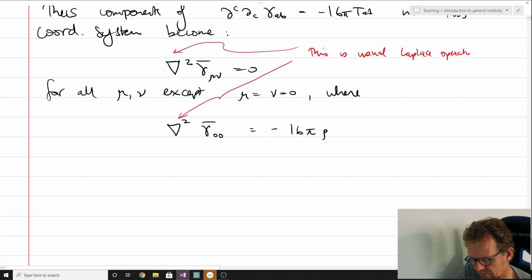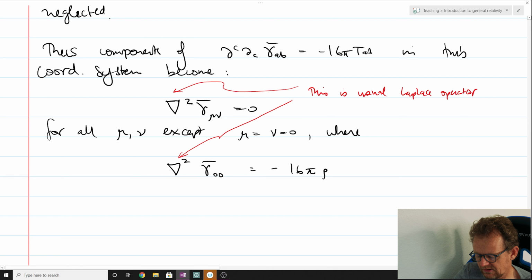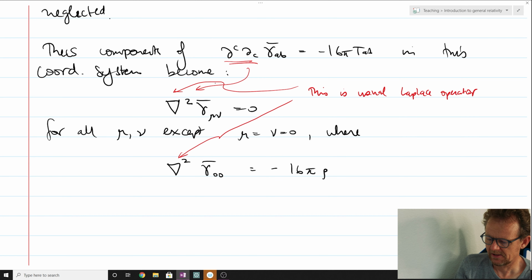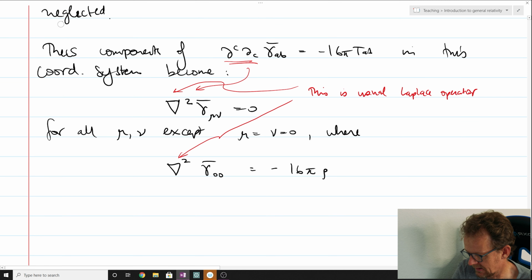Your original three-dimensional Laplace operator. Because the time derivatives have vanished, the box here simplifies to the Laplace operator, right? There's no fourth time component. So that's pretty convenient. So we're left with solving, well, a whole bunch of independent Poisson equations. One with a source and 15 without.